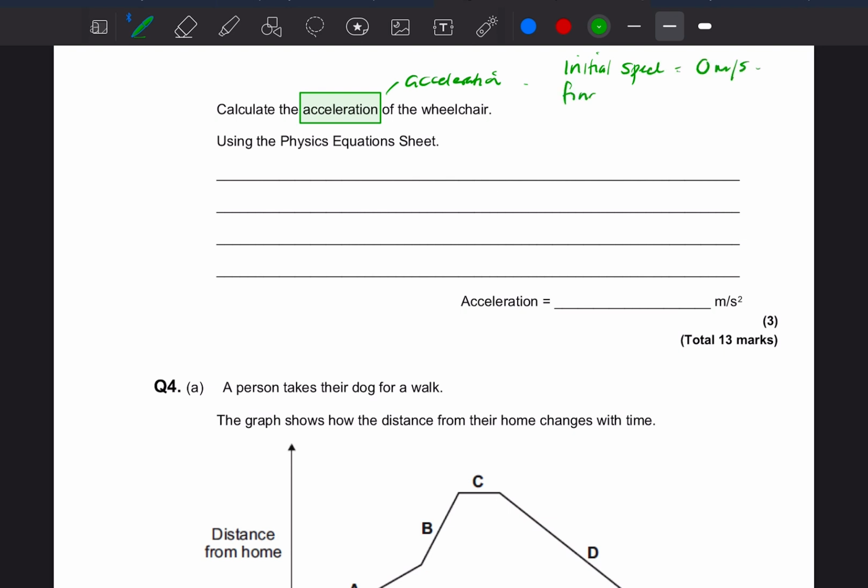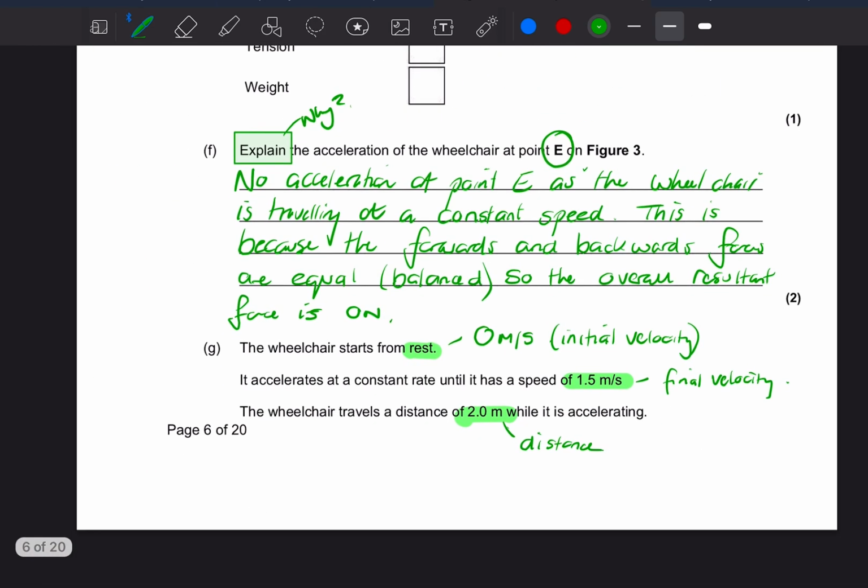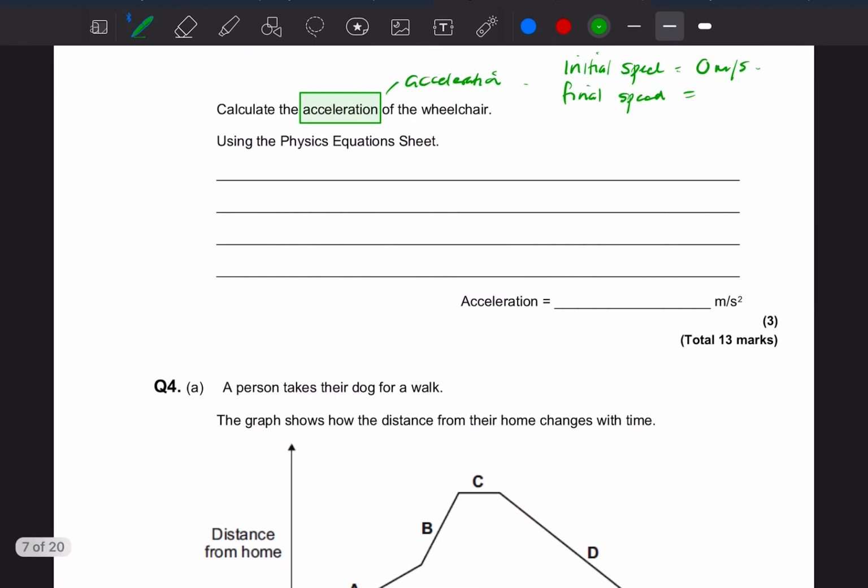I've got a final speed of 1.5. I have a distance of 2.0 meters. All of these are to 1 decimal place, so our answer should be given to 1 decimal place too. And it wants me to find an acceleration, which I currently don't know, but it will be in meters per second squared.